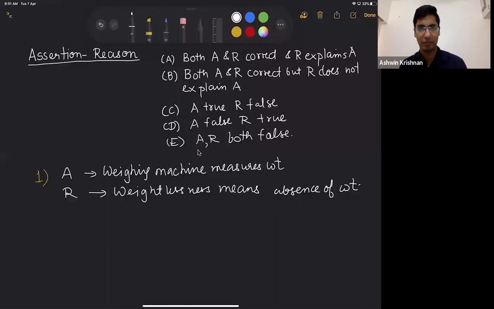I see lots of C's, very few D's. Okay, I'm still going to wait for 10 more seconds.